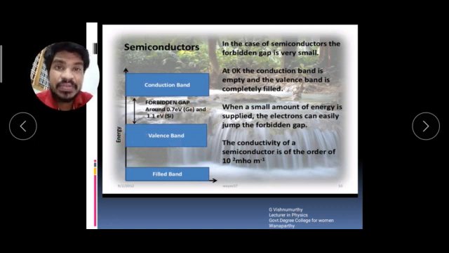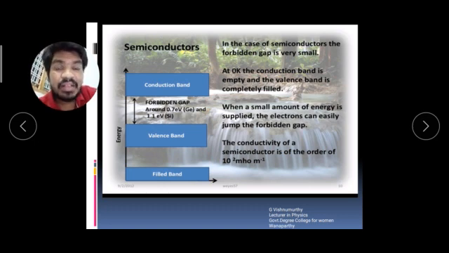When we give energy to the valency band of germanium or silicon, that energy causes some of the valency electrons to reach the conduction band. That is, if the energy is greater than or equal to 0.7 electron volts for germanium, or 1.1 electron volts for silicon, then some of the valency electrons will reach the conduction band.